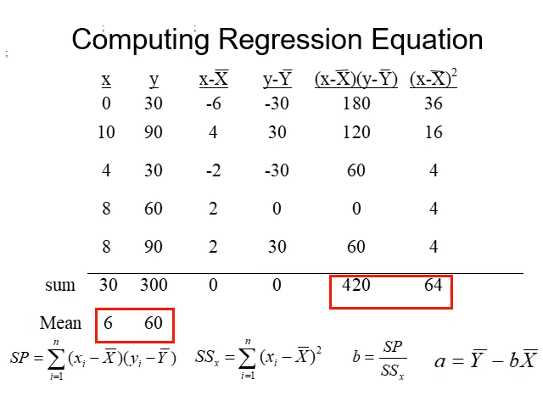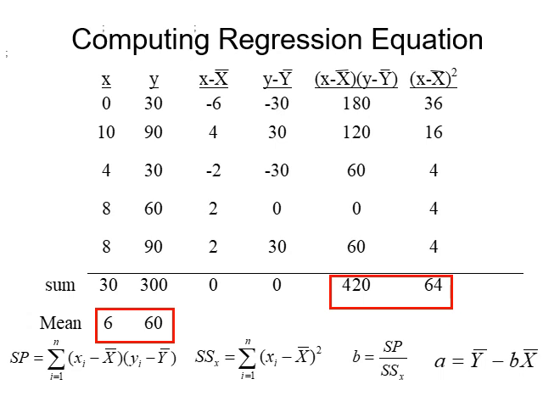We're then going to calculate each individual score minus the mean of the predictor, x, and each individual score on y, the outcome, minus the mean of y. We're then going to take those numbers and use them to calculate both the sum of products, each individual score minus the mean of that score, multiplied by their score on their outcome, y minus the mean of y, and also the sum of squares for x, which again is simply x minus the mean and squared each time.